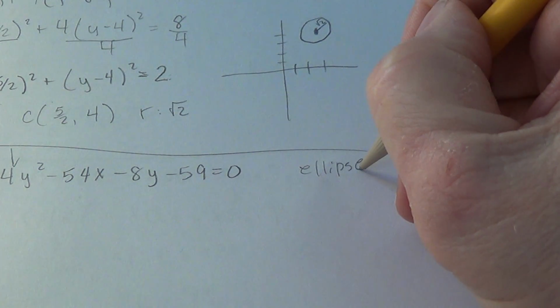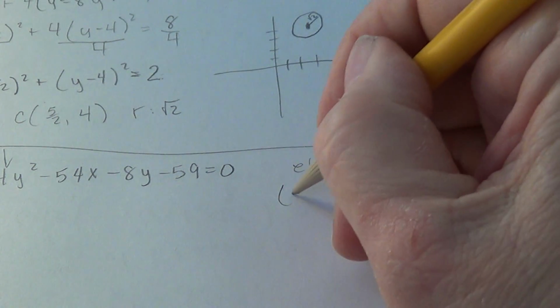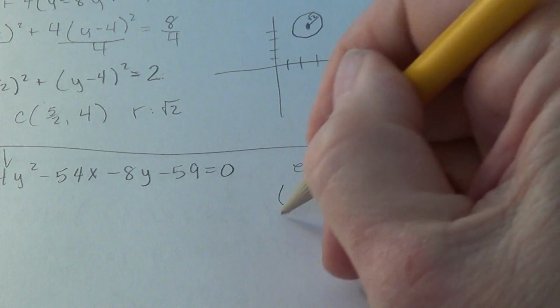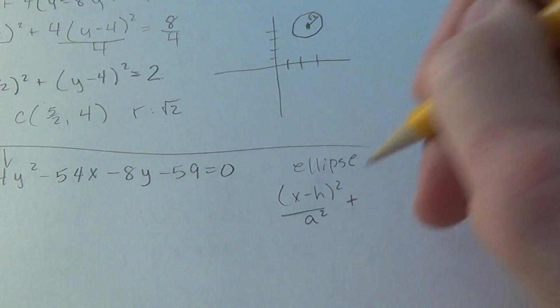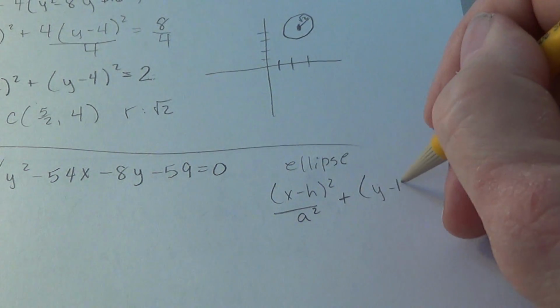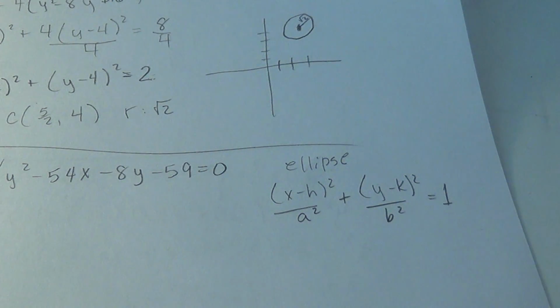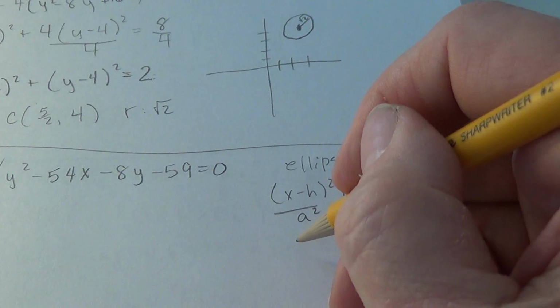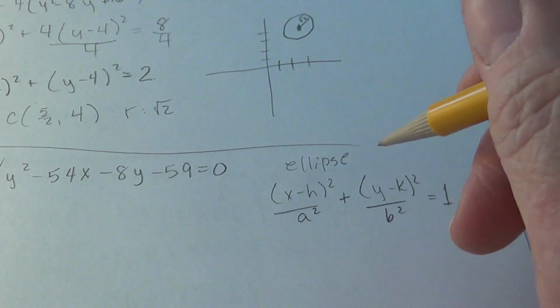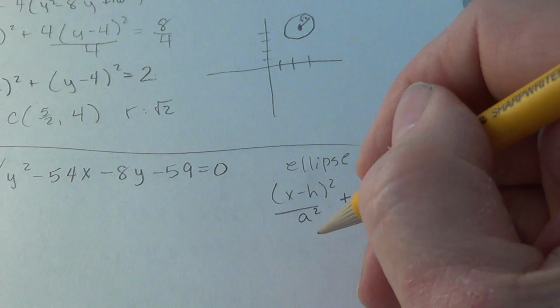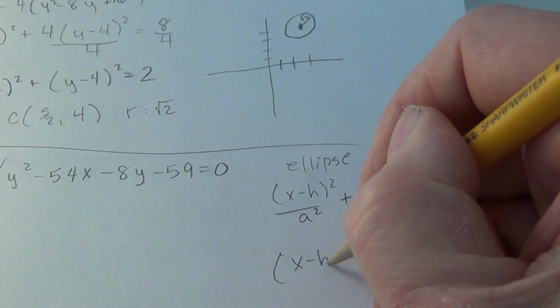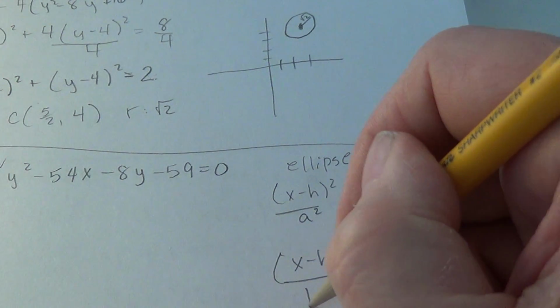So the ellipse has a standard form, plus, equals 1. Or sometimes it's the other way, where the x minus h squared is the b.